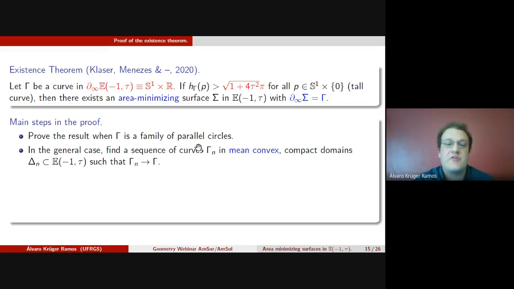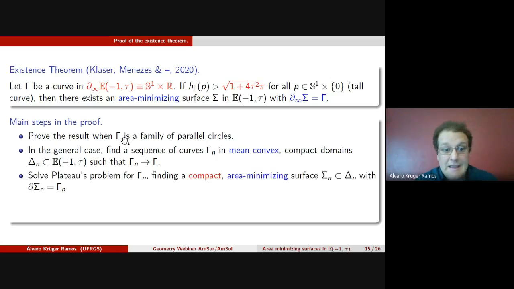You find a sequence of curves, gamma n, in mean convex compact domains inside of the ambient space, such that when n goes to infinity, they converge in the topology of the semi-compactification to gamma. And then you solve Plateau's problem for this curve gamma n, and you find a compact area minimizing surface. This domain here, delta n, is mean convex. So the surface stays in this domain delta n, and the boundary of this surface is gamma n.